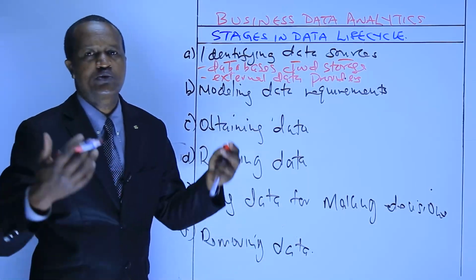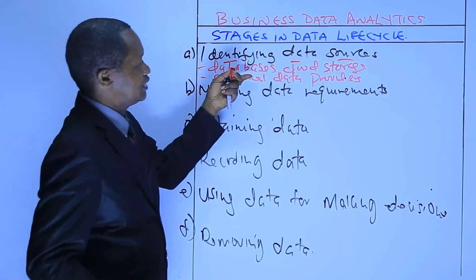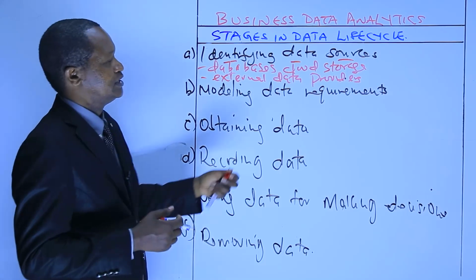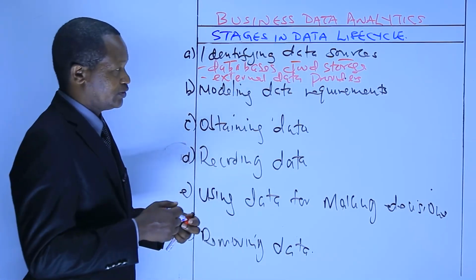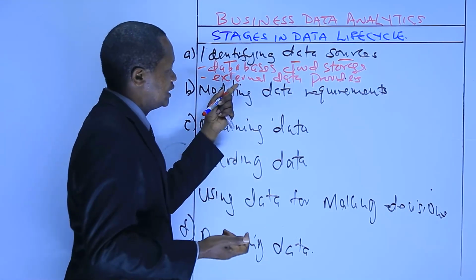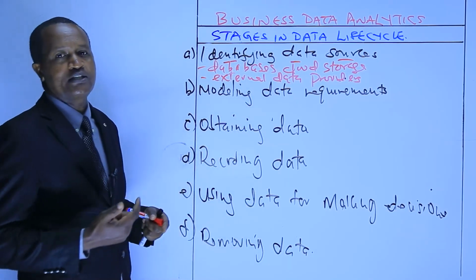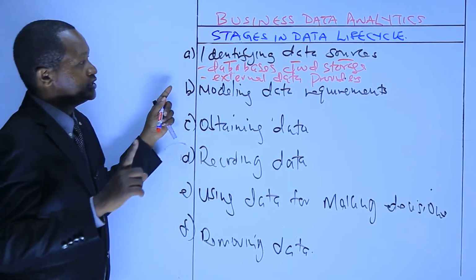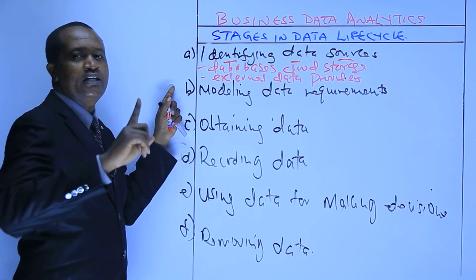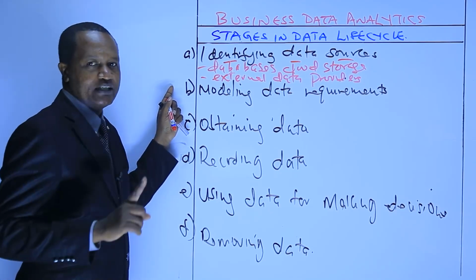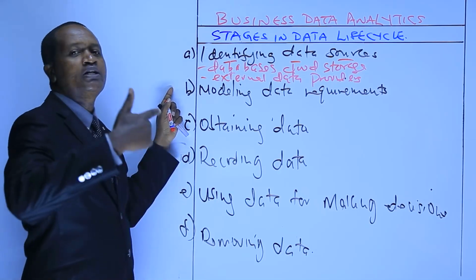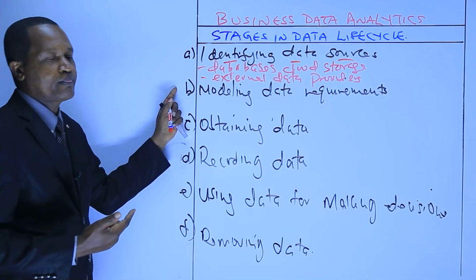Where does the organization obtain data from? Data can be obtained from the organization's databases, from the cloud storage, and also the external data providers. So this is the relevant data to an organization's operations.